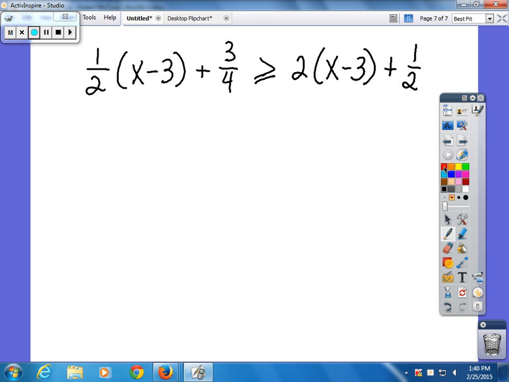So just put a 4 over 1 here, a 4 over 1 here, 4 over 1 here, 4 over 1 here. That should clean things up quite nicely.